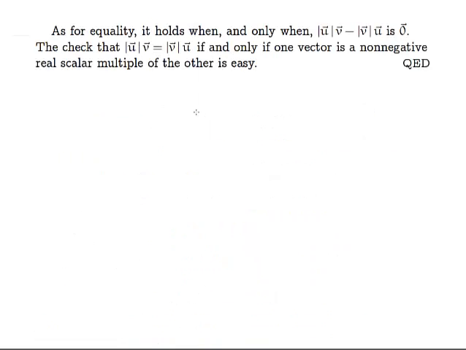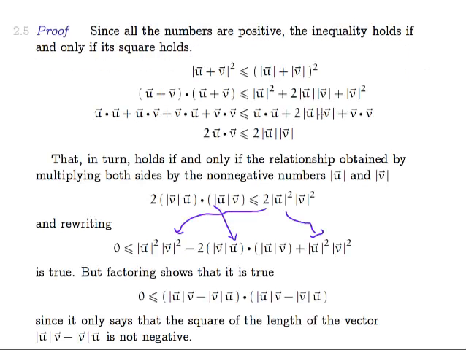Okay. So here we just wrap up the description. As for equality, it holds when and only when this final vector that I obtained here turns out to be 0.